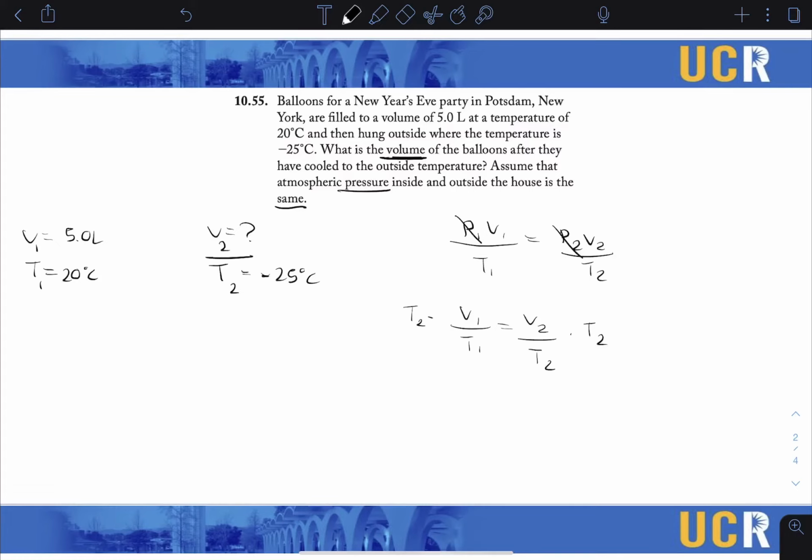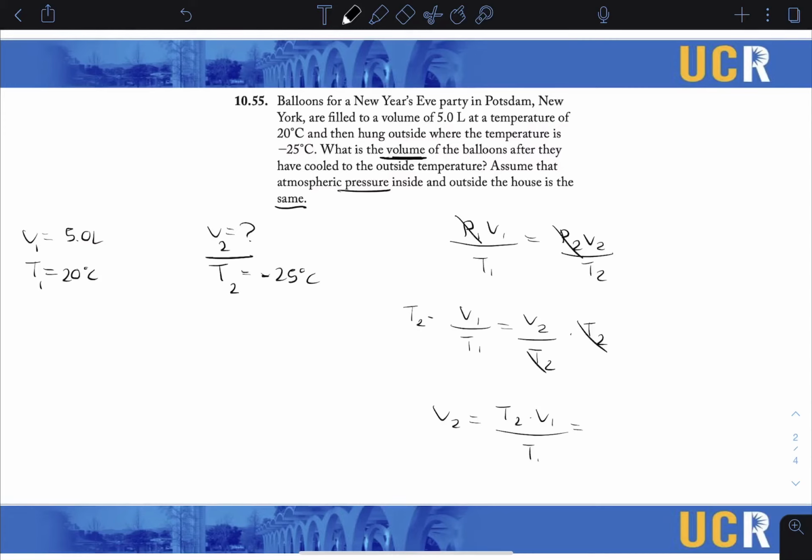We're going to move T2 to the other side. And then here's the equation rearranged. So let's just plug all these values in.